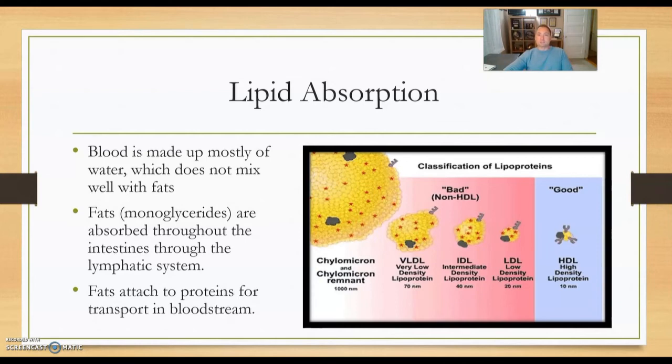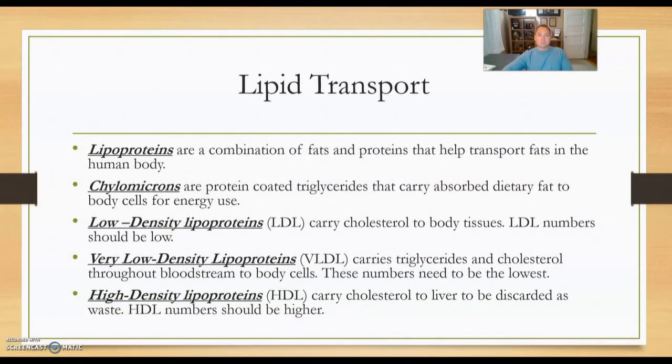This is what causes coronary problems or heart problems. Fats, or monoglycerides, are absorbed throughout the intestines through the lymphatic system, or your glands, which also control your hormones. And then fats will attach themselves to proteins for transport into the bloodstream. Now, what are those proteins called? Right?